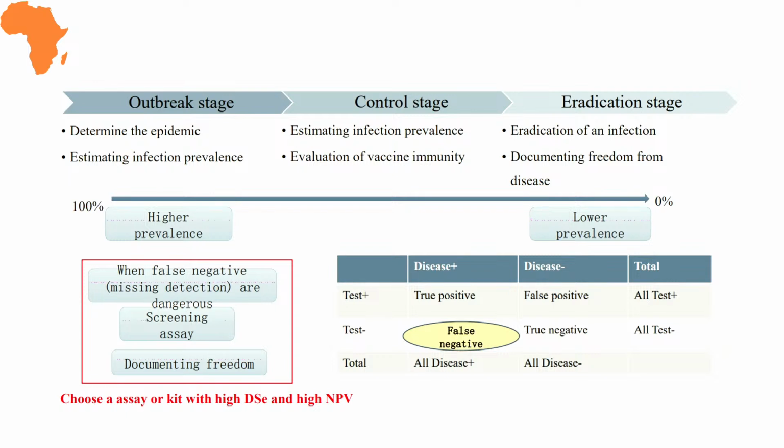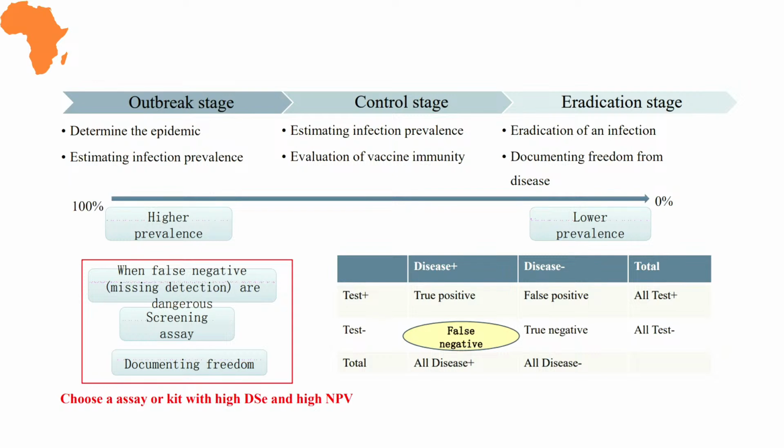At the outbreak, false negatives, missing detection, are dangerous, so we use a screening assay, documenting freedom. If we miss an infection here, which means if we miss an individual through a false negative, we are leaving an infected or diseased individual in the population. In the 2x2 table, cell C is our big issue. Choose an assay kit with a high sensitivity and a high NPV.